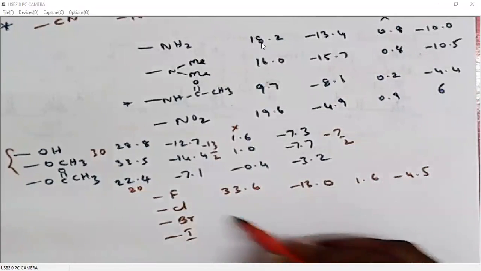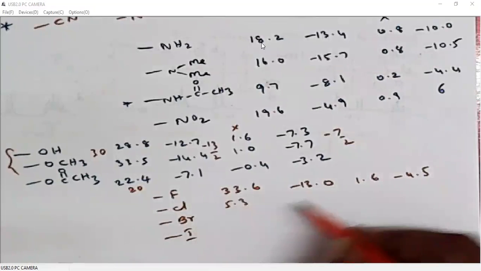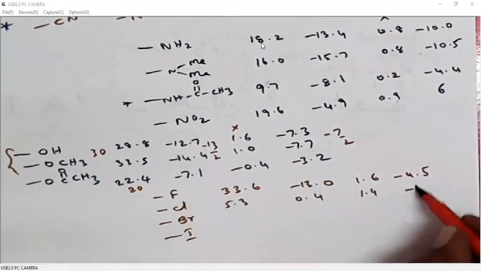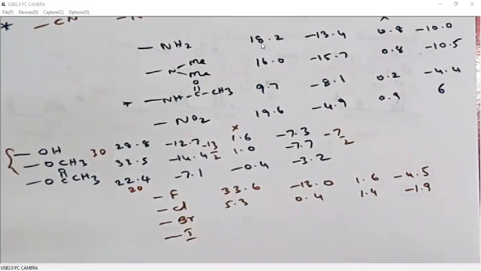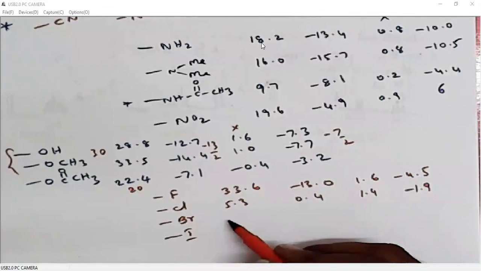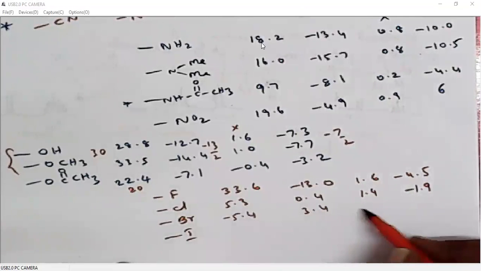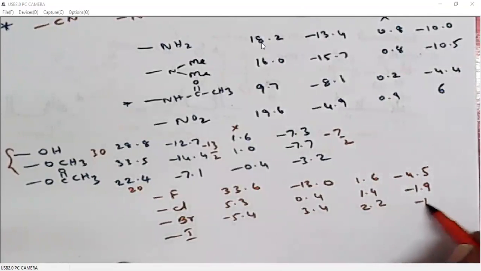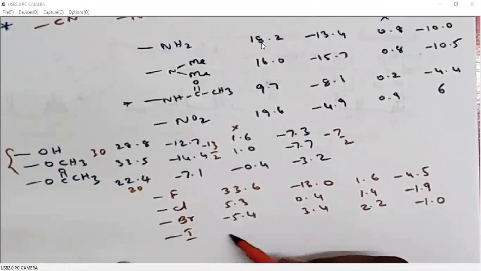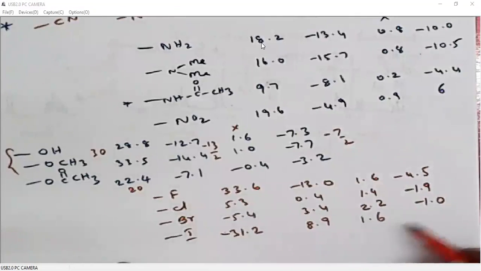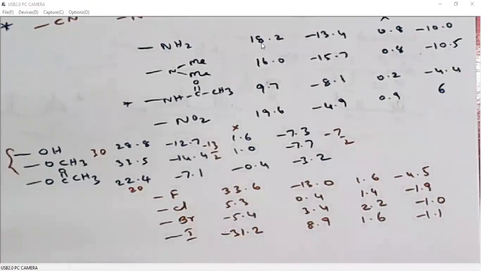For chlorine, 5.3, 0.4, 1.4, minus 1.9. For bromine, minus 5.4, 3.4, 2.2, minus 1.0. For iodine, minus 31.2, 8.9, 1.6, minus 1.1.